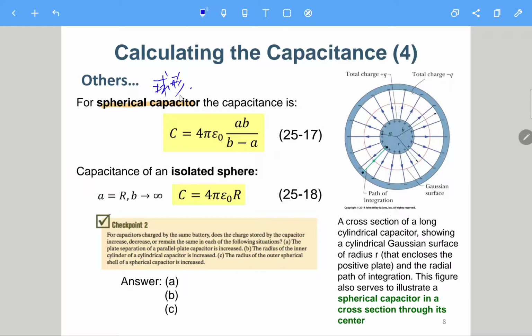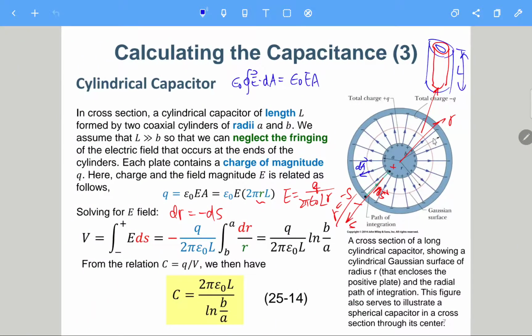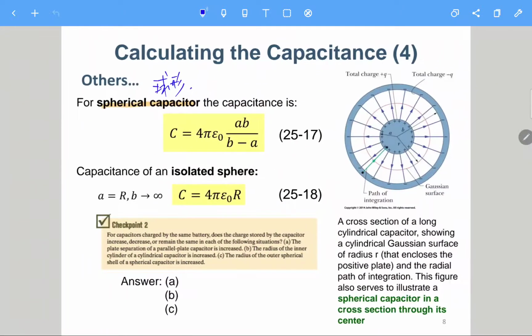Although the cross section is still the same, this is actually a sphere. This is a cylinder. This is actually a sphere. It is difficult to draw a 3D graph here, but actually this is the case.